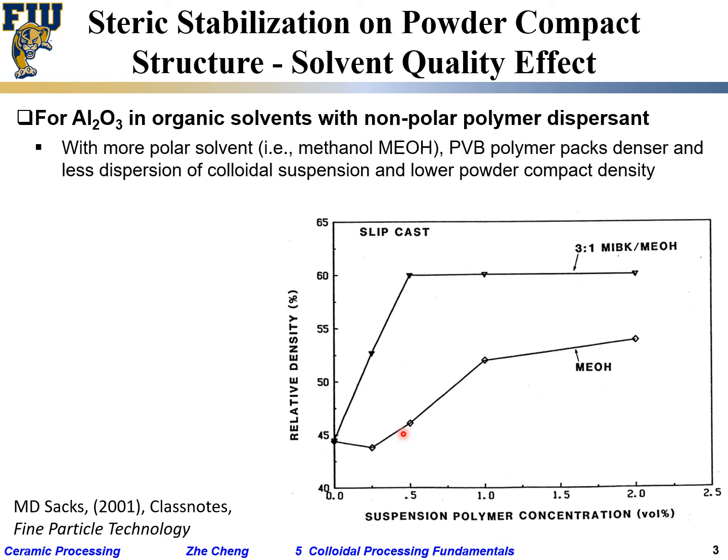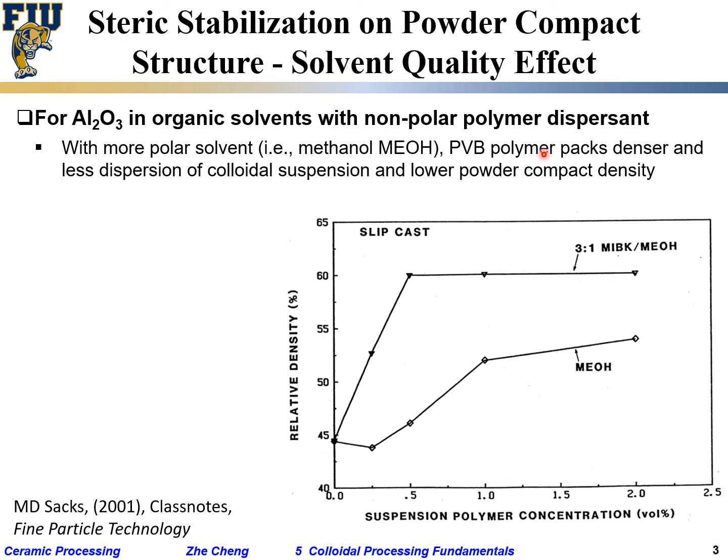Okay, with a more polar solvent like methanol, the PVB doesn't really like the more polar solvent. PVB is a non-polar polymer molecule. It doesn't really like the solvent methanol, and as a result, the PVB polymer is in the solution, but it doesn't really stretch out.